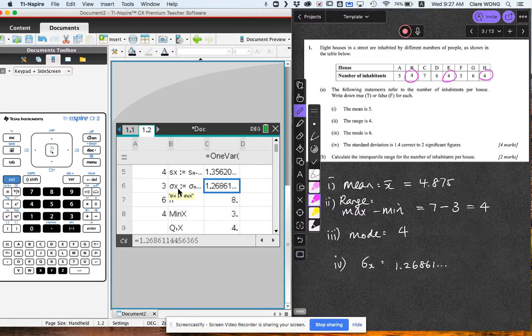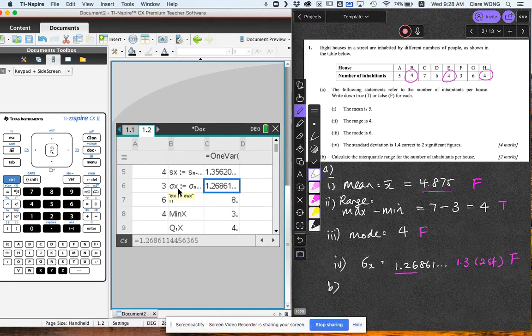The mean is 5, so false. The range is 4. True. The mode is 6, definitely a no. Now, the standard deviation, when you round to 2 significant figures, it is 1.3. So the answer here is false. It's not 1.4.